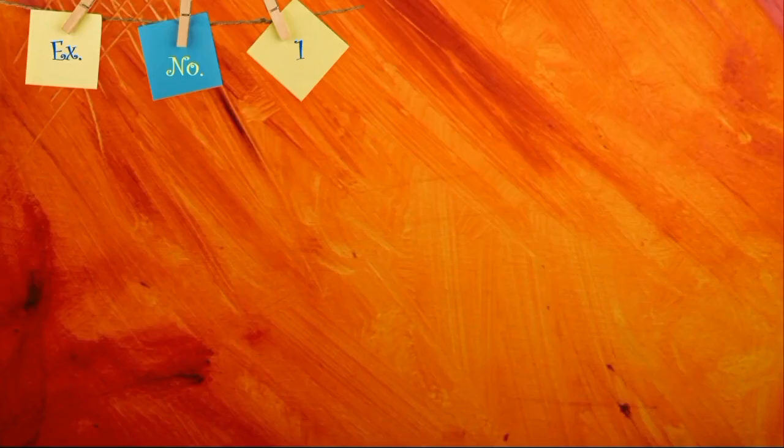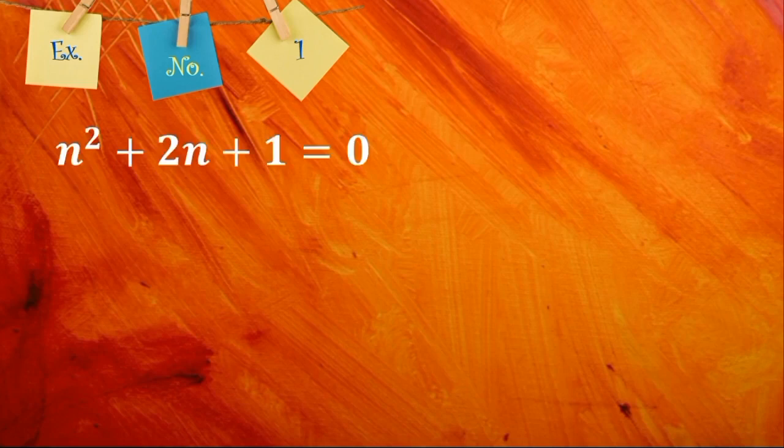Our first example is n squared plus 2n plus 1 equals 0. This is a quadratic equation in the standard form, wherein the values of a, b, and c are 1, 2, and 1 respectively. So how do we solve a quadratic equation by factoring?